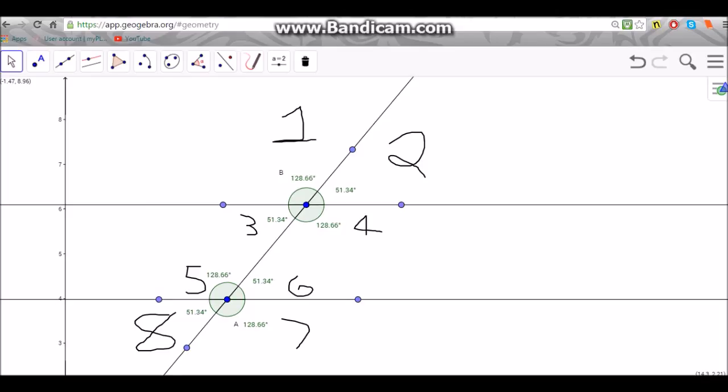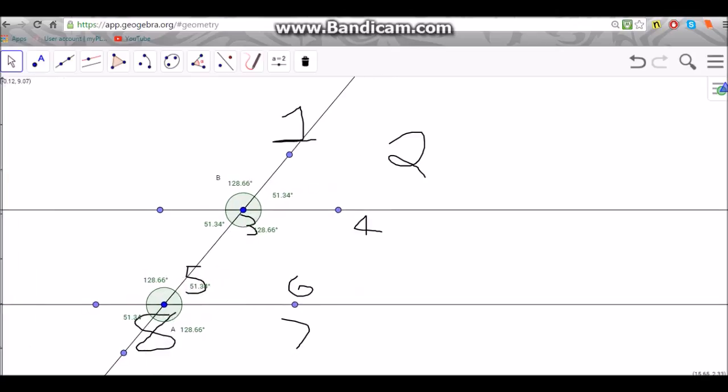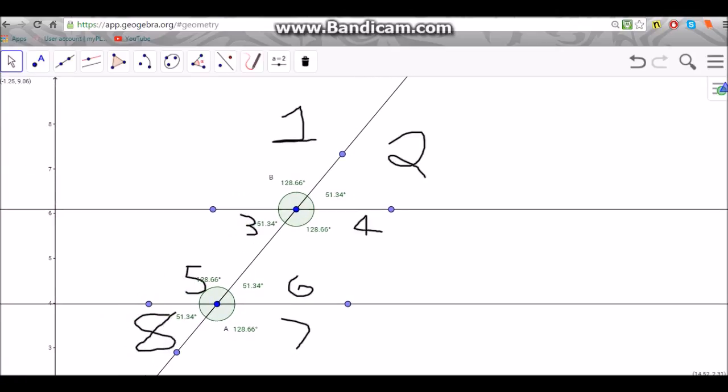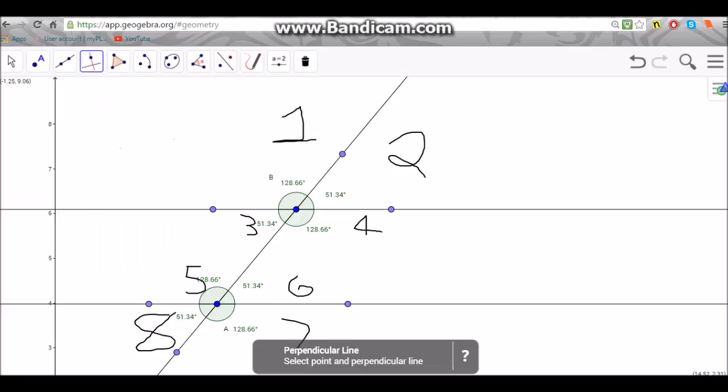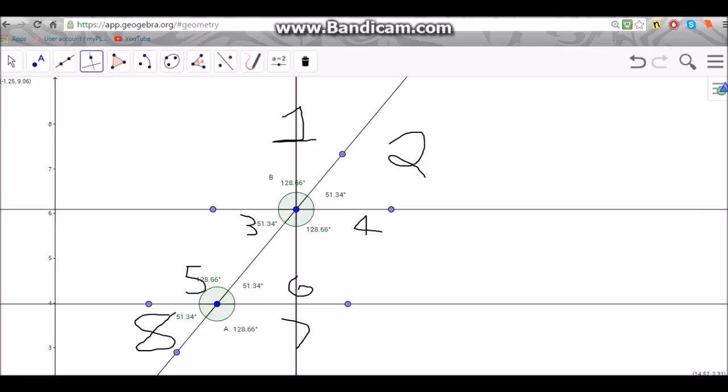Complementary angles are angles whose sum equals 90 degrees. We don't have any perpendicular lines in this drawing, so I'm going to create one quickly just for this demonstration. As you can see, once this line is created, angle 2 plus the angle that is created by the line that intersects with line B at point B is 90 degrees.